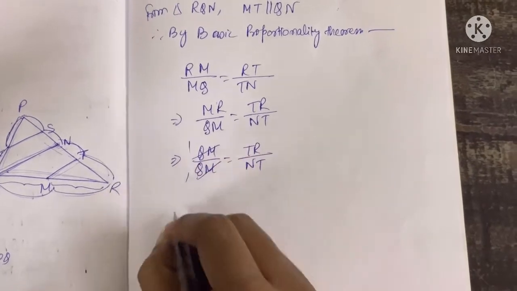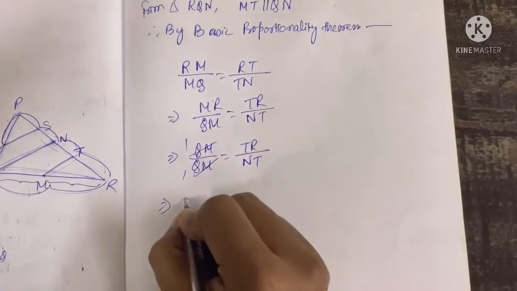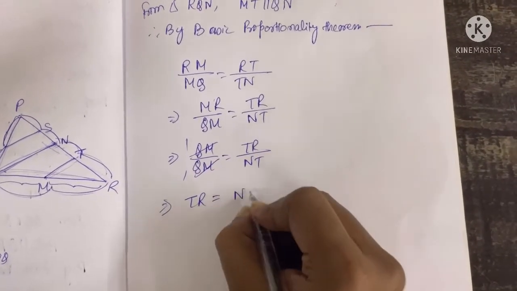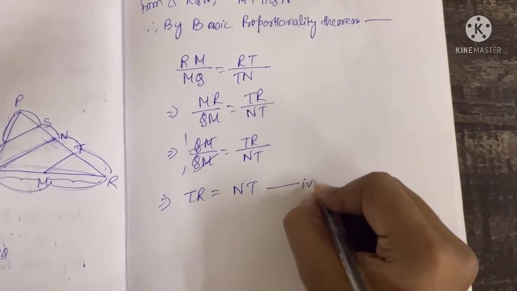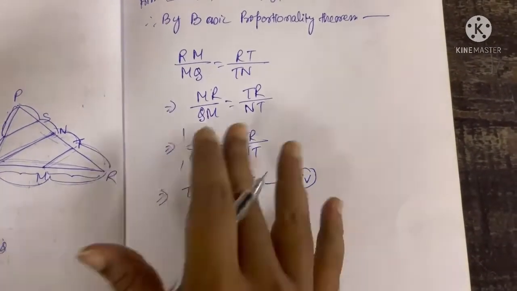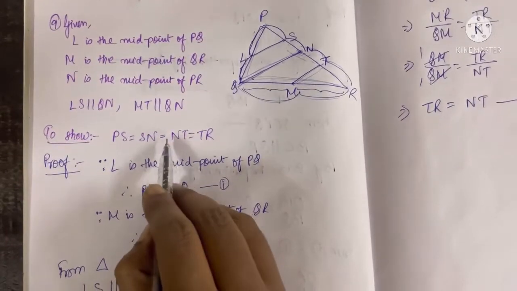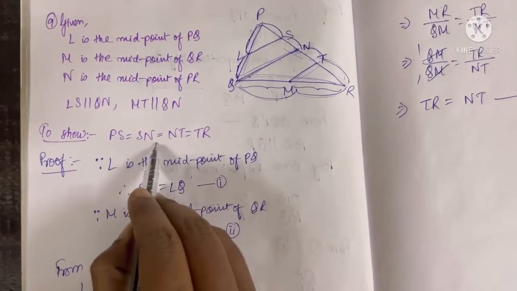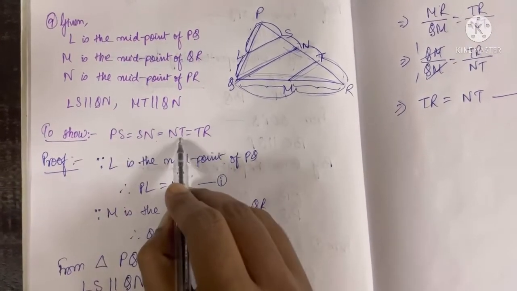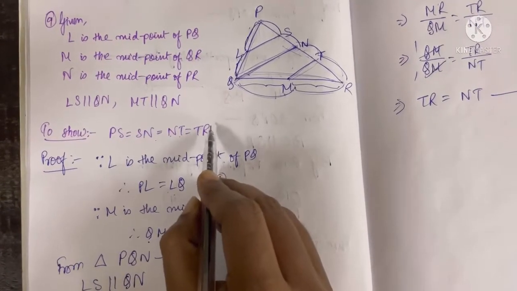So these two will cancel. Again by side change, we can get TR is equal to NT. This is number 4. So we have got two things. Here also we have got NT and TR are equal. So we have proved PS equal to SN, and we have also proved NT equal to TR.